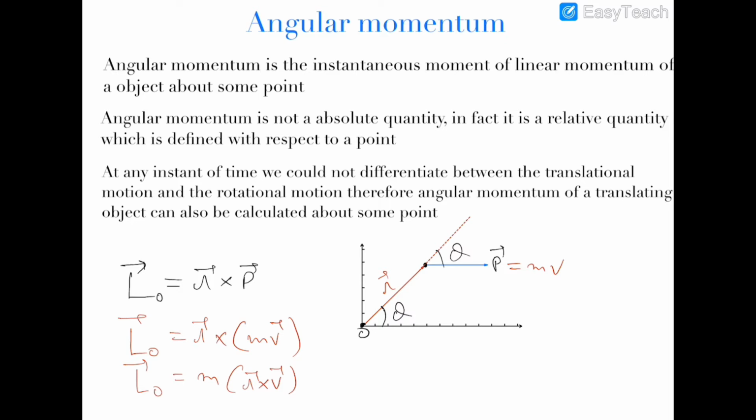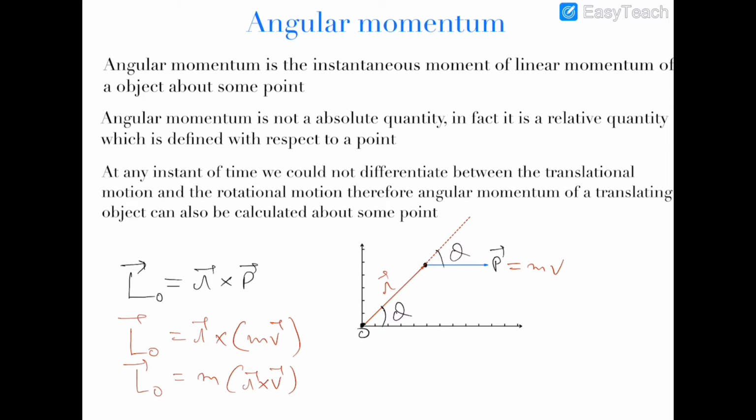If I demonstrate this to you, this is a point in translating motion, always moving along the x-axis like that. And if this point is rotating about the origin like that, at this instant its momentum is in this direction.